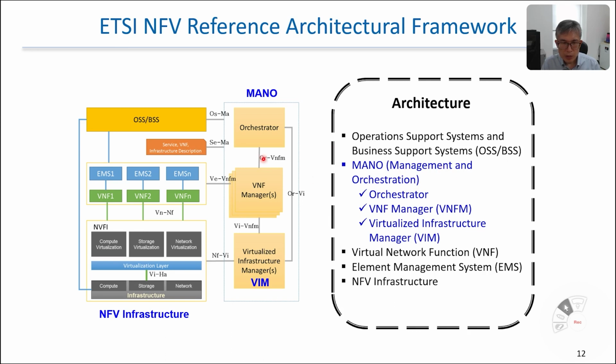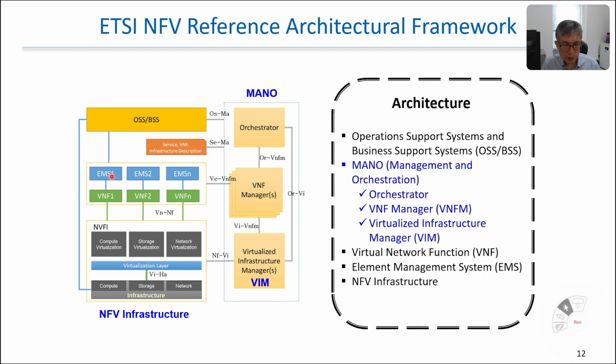So the upper one, OSS/BSS, means operations support system and business support system, used as a dashboard by the network operator. And EMS is the element management system. It manages its own system product.